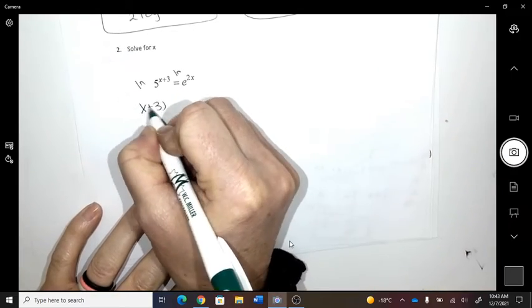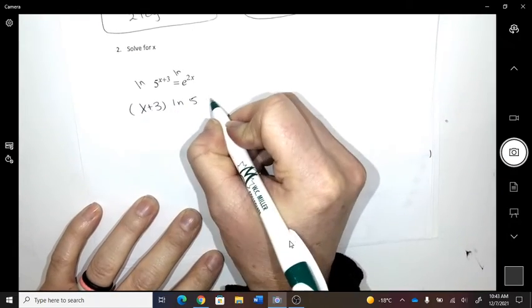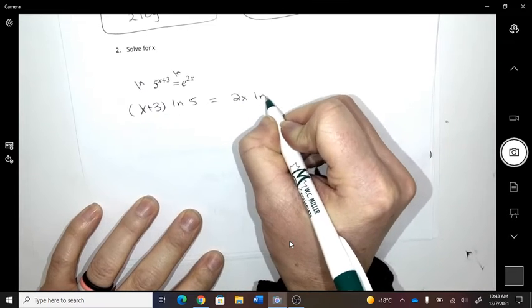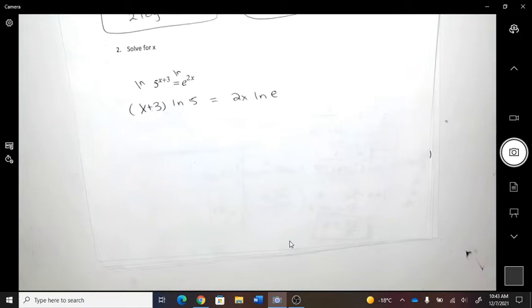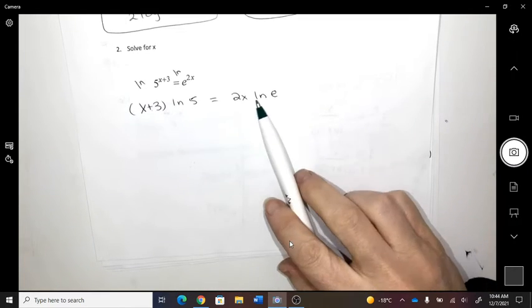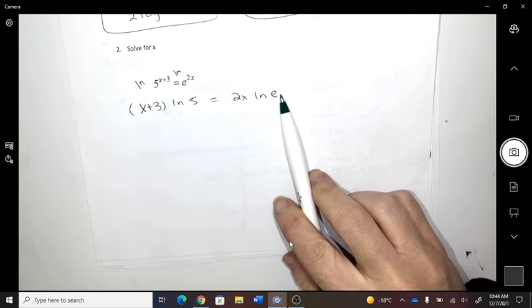Okay, so move the exponent. Here's why I chose that, because the ln of e is, hey, what's the number?